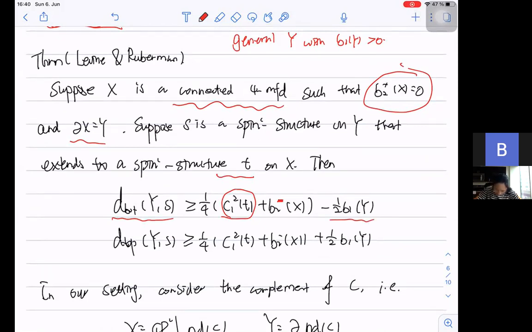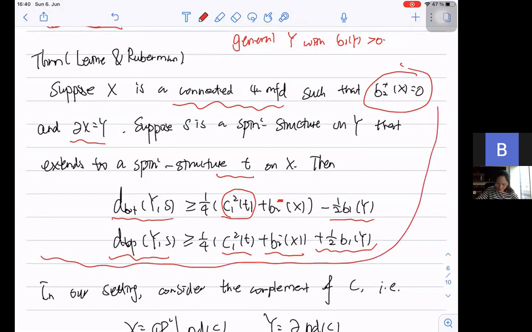And the d-top of the three-manifold Y at the spin^c structure s is greater than or equal to 1/4 of c_1(t)^2 at the spin^c structure t, plus the negative second Betti number, but now plus 1/2 of the first Betti number of Y. So this is the generalization of Ozsváth-Szabó's theorem for a general boundary three-manifold Y and a general four-manifold which has the boundary Y.